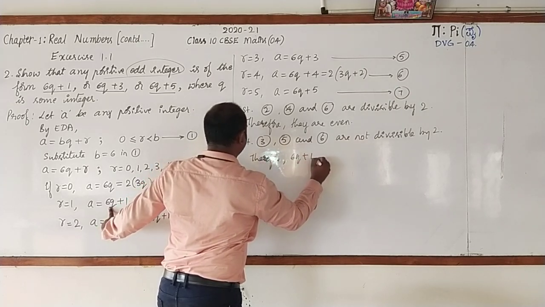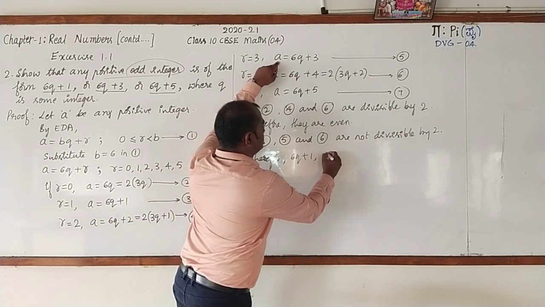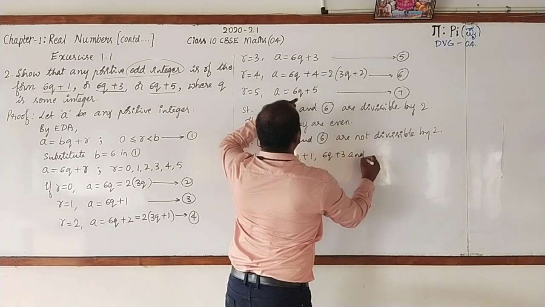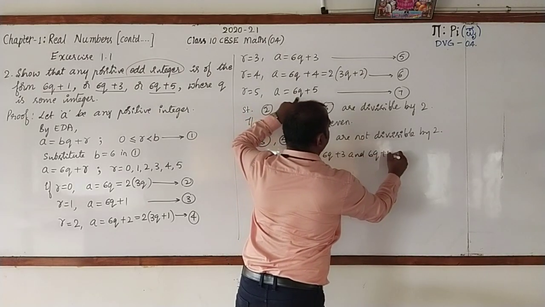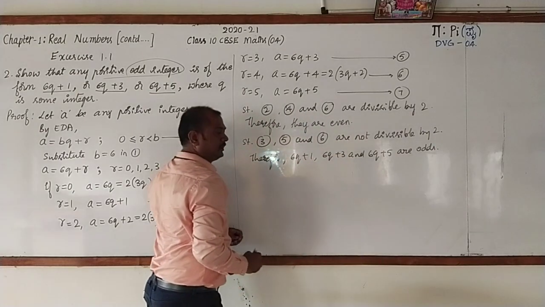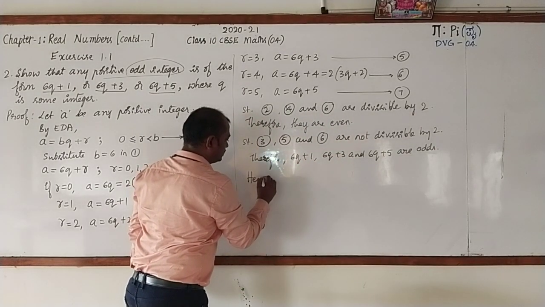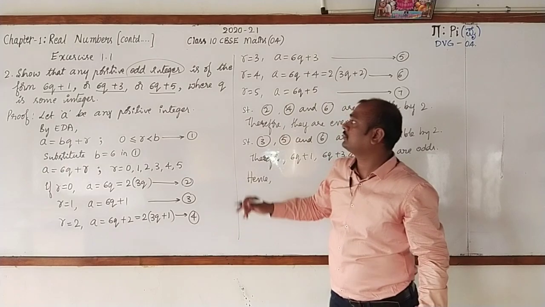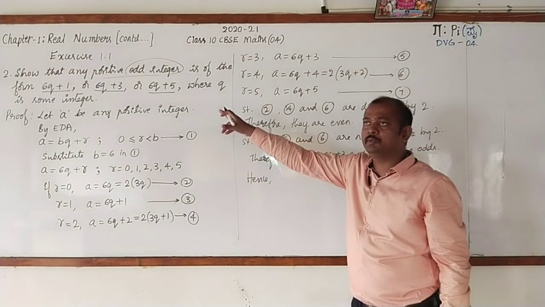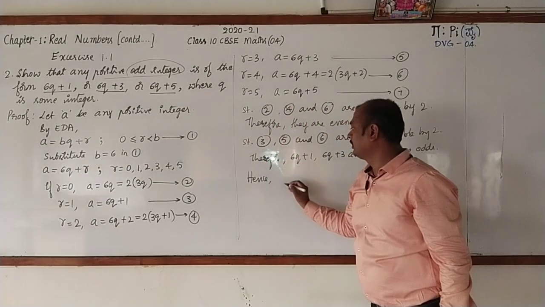Therefore, 6q plus 1, 6q plus 3 and 6q plus 5 are odd. Hence, we can conclude that any positive odd integer is of the form of any one of these forms.